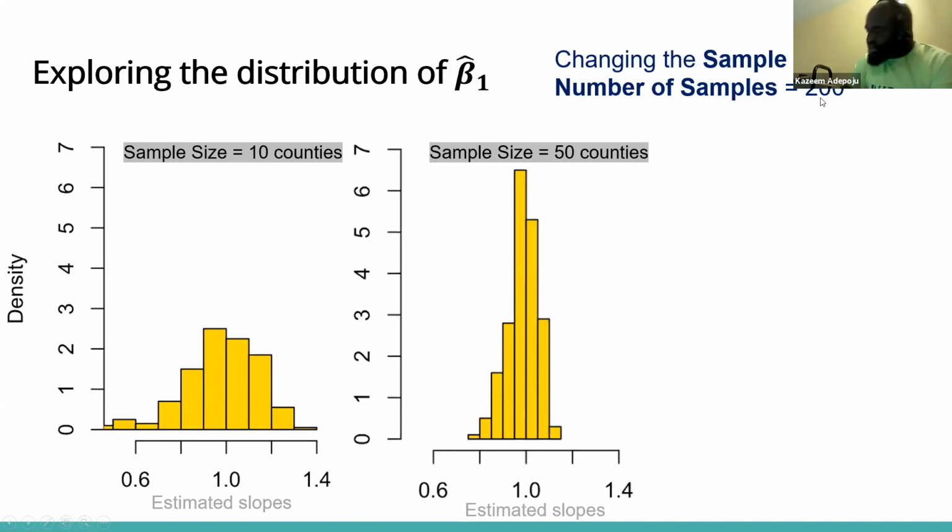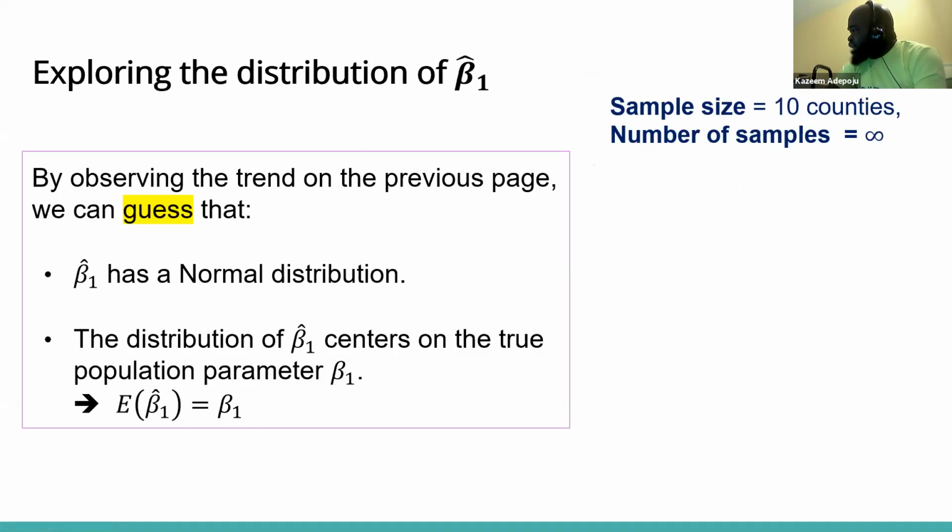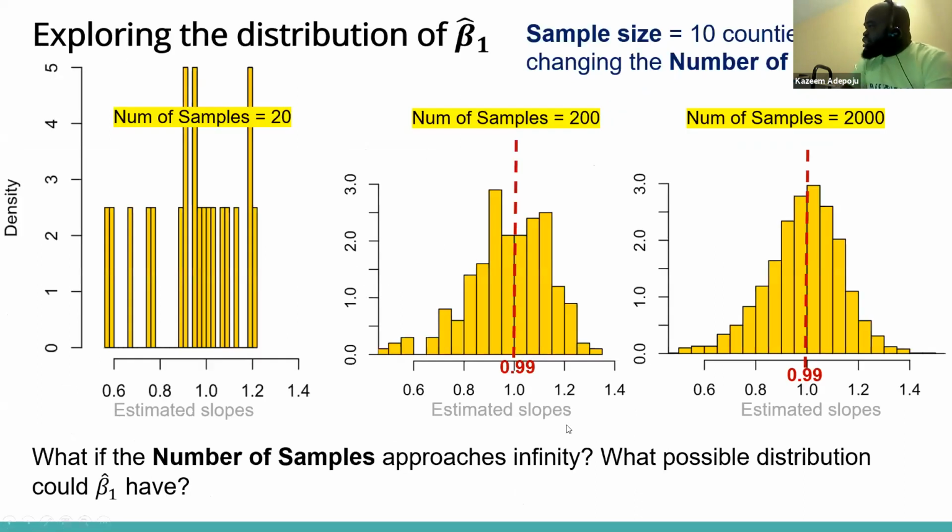Now, let me tell you this. Somebody may be saying, oh, this is going to take a lot of time. Why do I need to go to the population 2,000 times? Why not just 200? But let me tell you something. For 200 to be enough, we have to change our sample size.